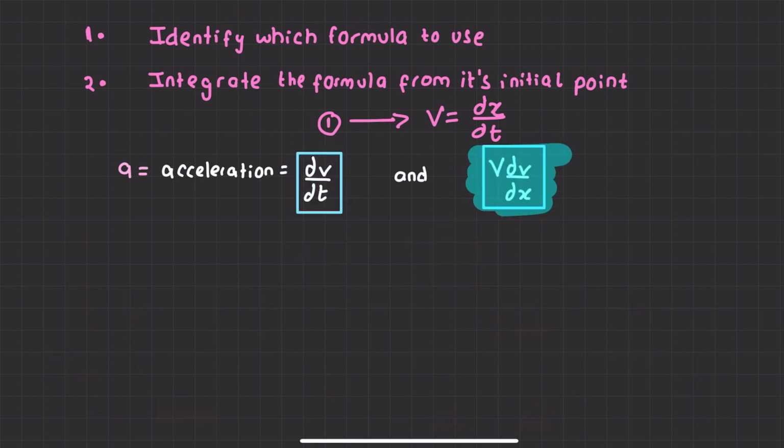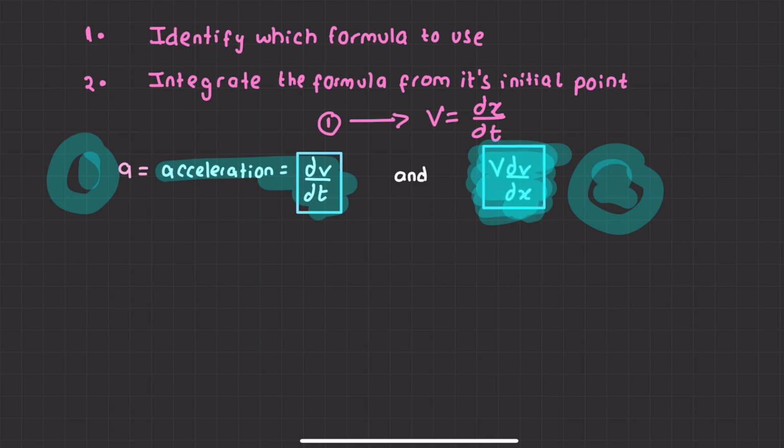So this is how we get our second formula for acceleration. And it is written with respect to x, distance. Now, depending on what the question asks for and which variable we have, we'll choose between the first formula for acceleration, this one, or the second one, this one. And then we'll integrate our chosen formula from its initial point.